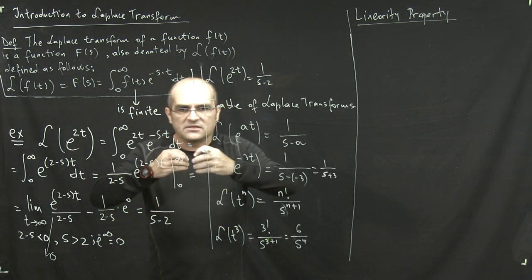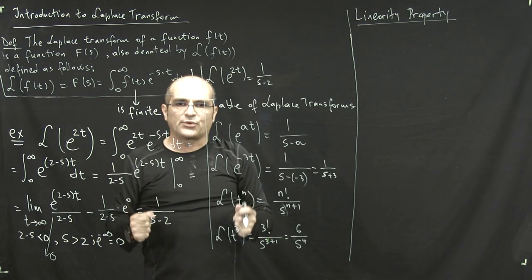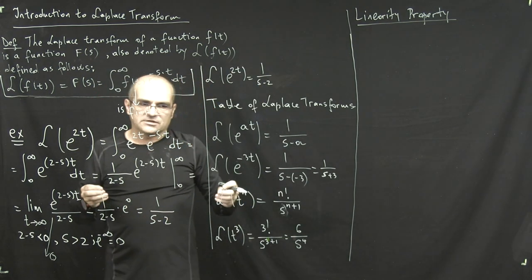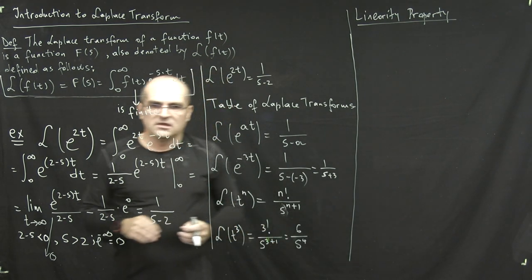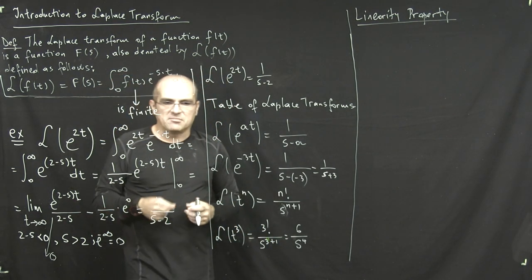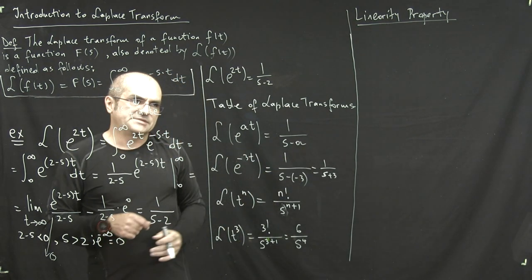Hopefully the linearity property allows us, most of the time, to break down the function into a linear combination of entries in the table, and then we can use the table for each of those components.